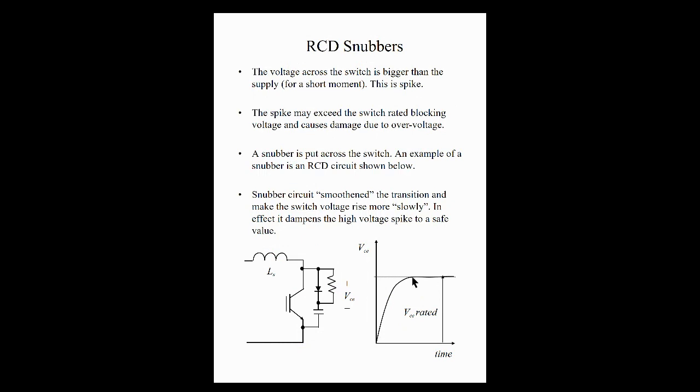We don't have that spike that will cause damage to your device. So it basically dampens the effect of the high voltage, right? So it keeps it at a safe level.